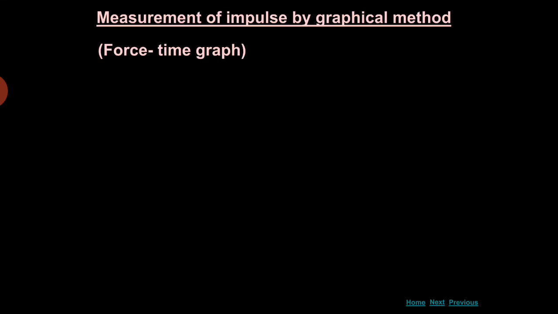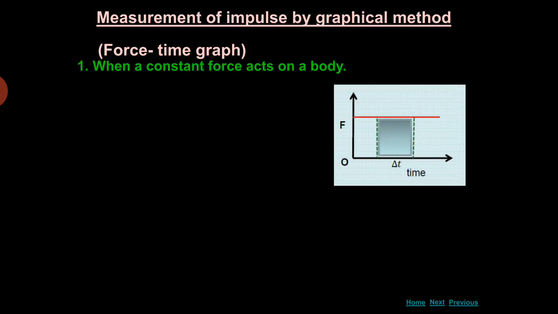Now, measurement of impulse by the graphical method, that is, the force time graph. First of all, we shall draw the graph between force and time when a constant force acts on a body, taking time along the x-axis and force along the y-axis.